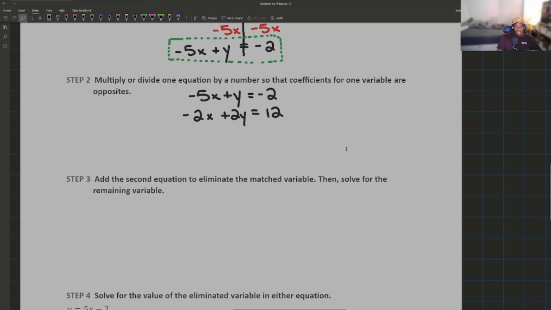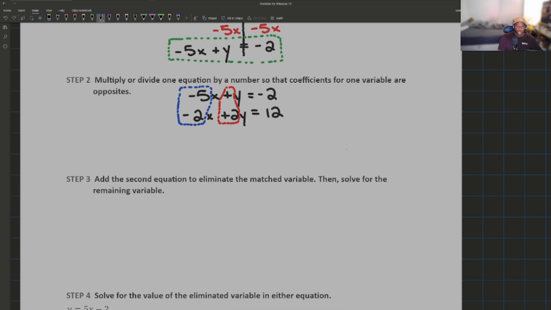Okay. And we're going to take a good look at the coefficients, or the numbers that are attached to x and y. Right now, the coefficients for x are negative 5 and negative 2. And the coefficients attached to y are 2 on bottom, and because we don't see a number attached to the y up top, we can assume that it is 1. Okay?